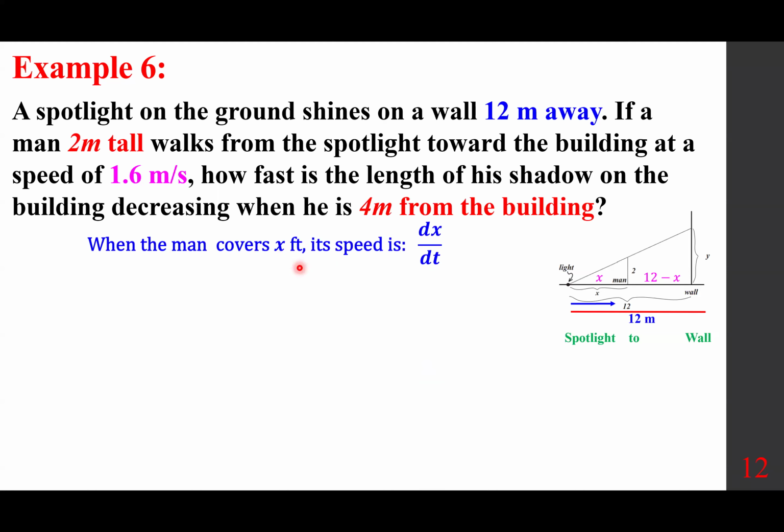When the man covers x meters, his speed is dx dt.